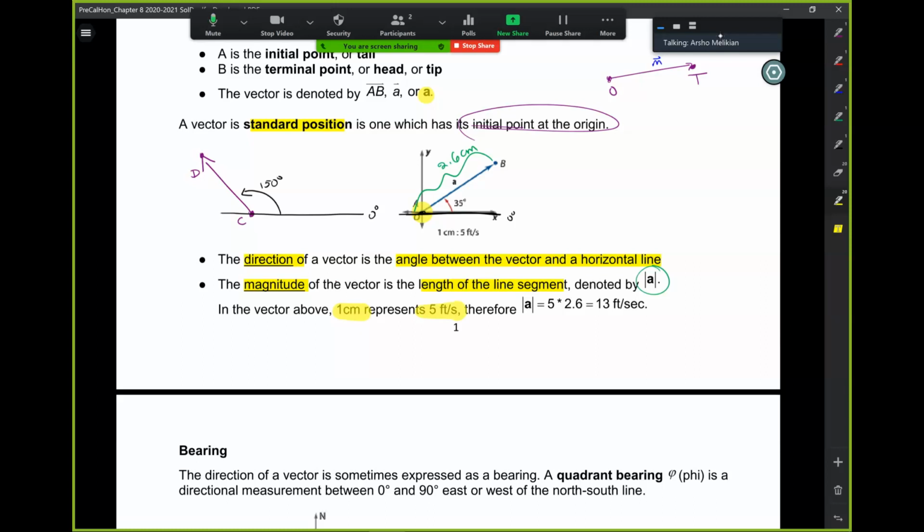So when I measure it, and this is 2.6 centimeters, the actual magnitude of A is 5 times 2.6, which is 13 feet per second. Okay?